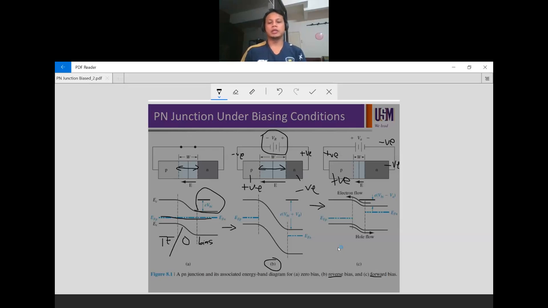So when we apply forward bias, whatever you do in the first place, try to compare with the thermal equilibrium condition. Okay, so in thermal equilibrium, you have a barrier height of Q times VBI, but the moment you have a forward bias, look at the effective voltage there.